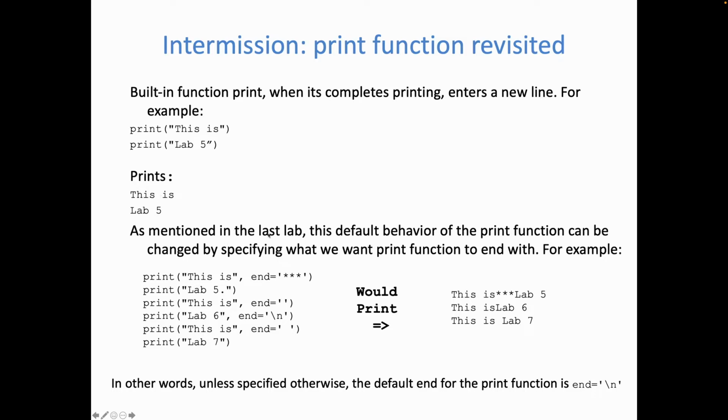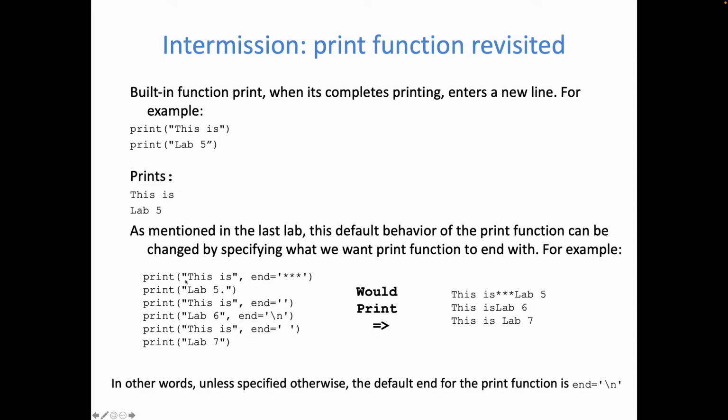But as mentioned in the last lab, this default behavior of the print function can be changed by specifying what we want the print function to end with. For example, we can change the end parameter to anything else. Like we can say that we don't want to end with a new line, rather we want to end with 3 star signs here.